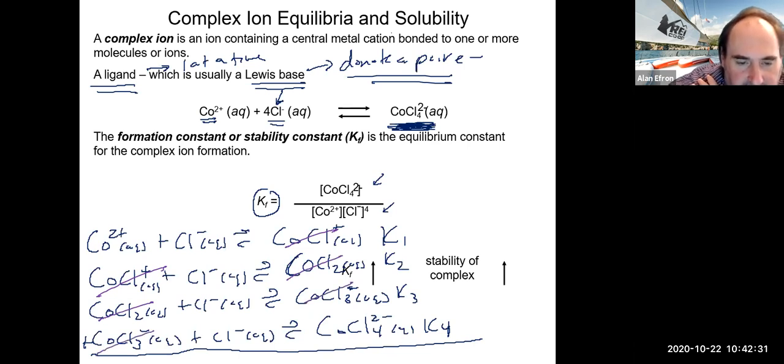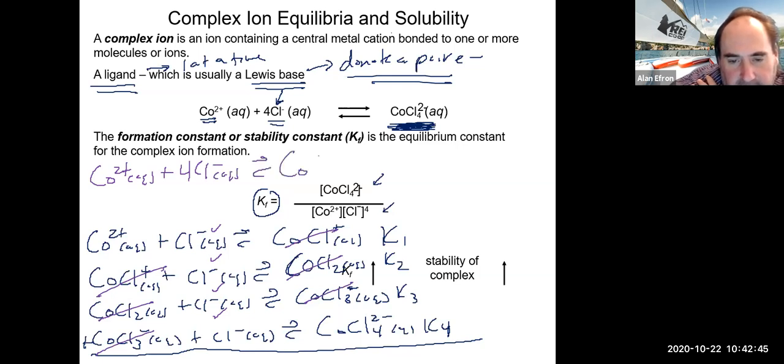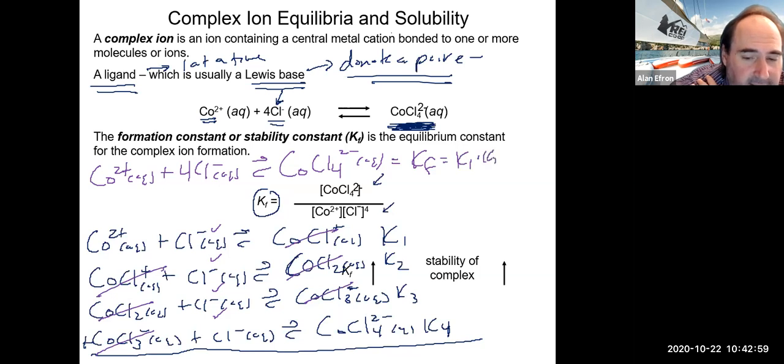And that leaves you, if you added up, 1 cobalt on the left-hand side plus 1, 2, 3, 4 Cl minuses gives you your complex ion on the back end here. By the way, since I added all these reactions together, the Kf in this case would be K1 times K2 times K3 times K4. So remember that when you add up equilibrium steps, you multiply the K values together. Any questions on that there?